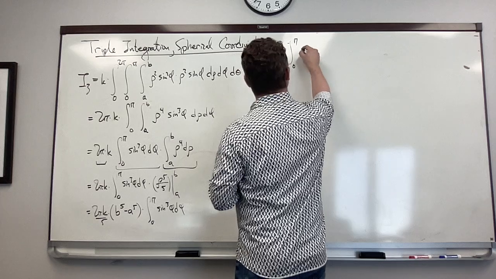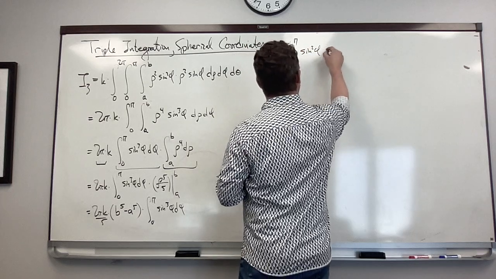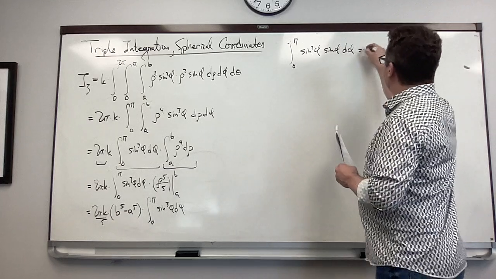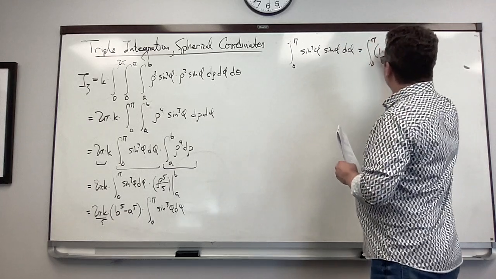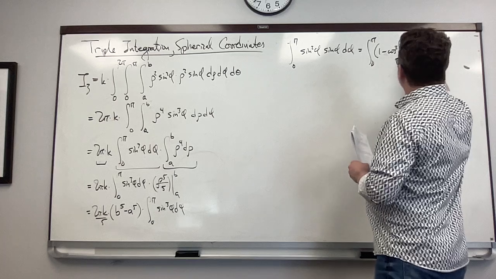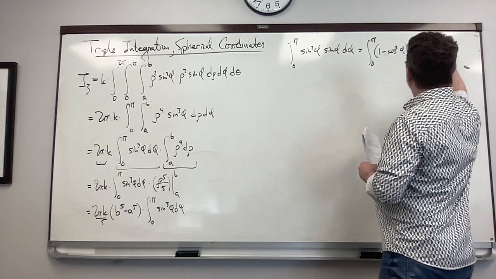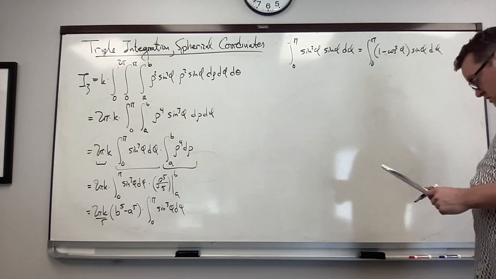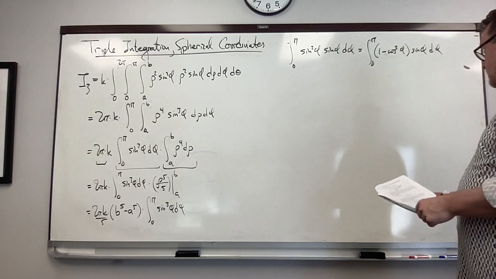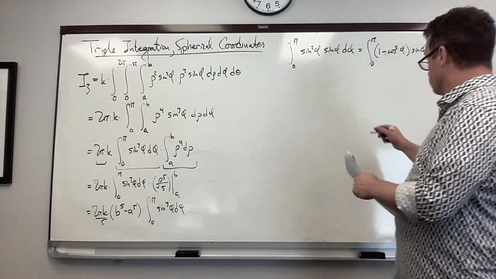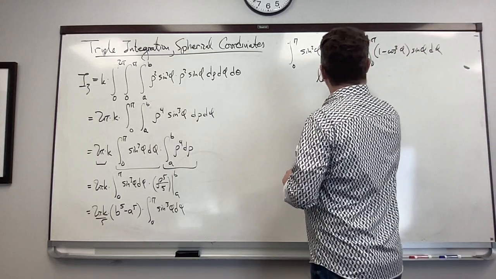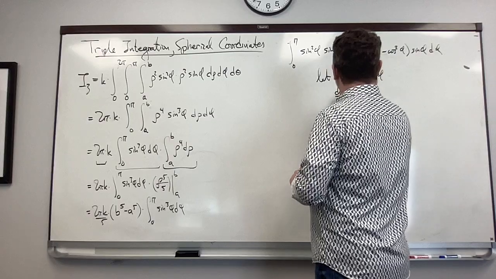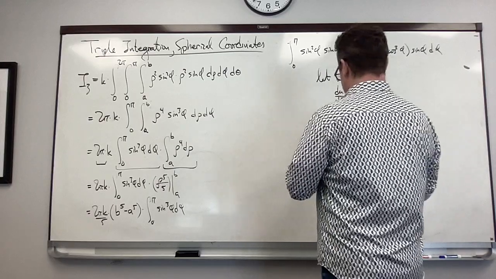What you do is write it as sine squared phi, sine phi, d phi, and that equals 1 minus cos squared phi, sine phi, d phi. You're like, why would you do that? Well, because then you get to make a substitution.